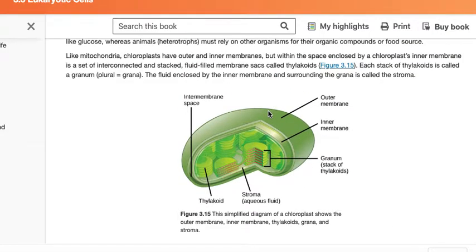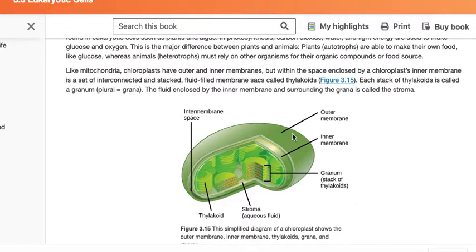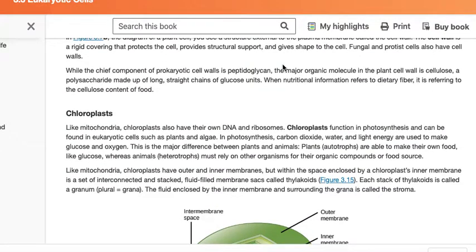But because these guys were so efficient at making energy, instead of dissolving them as food, they decided to take them as a food generator into the cell. And that's how this endosymbiosis, almost a cell within the cell, came to exist.